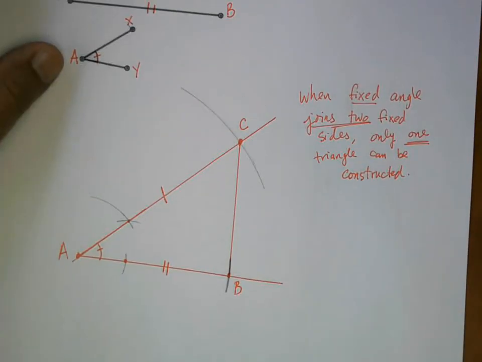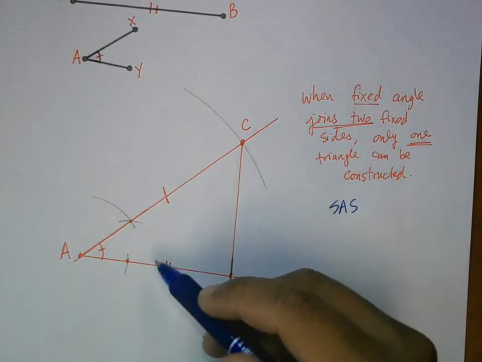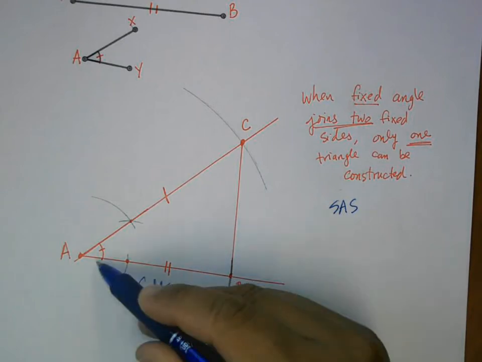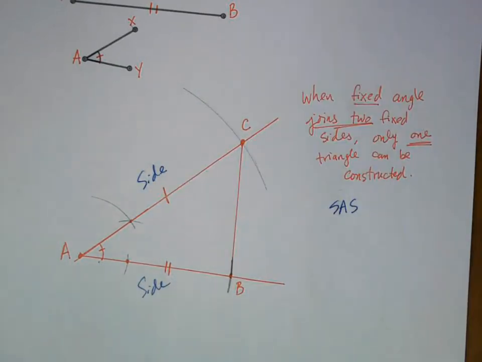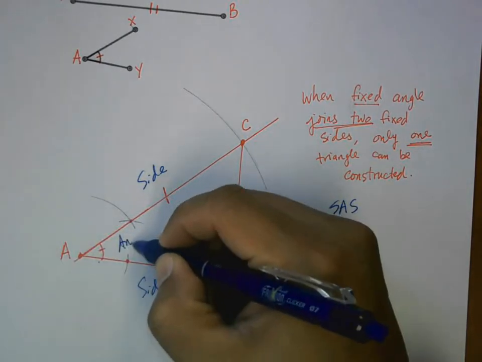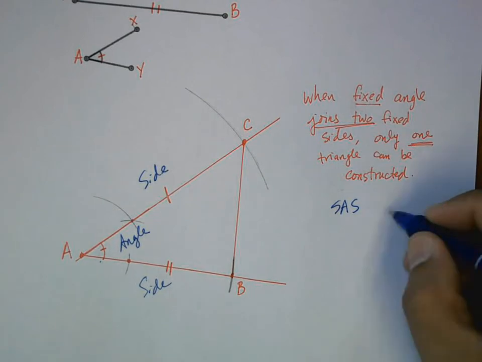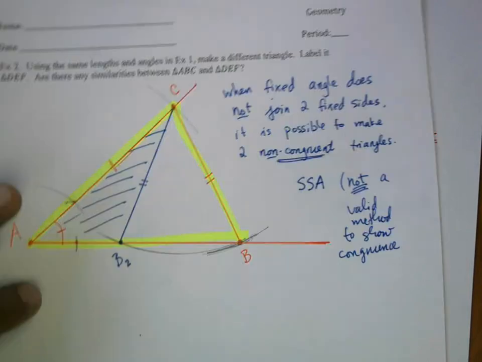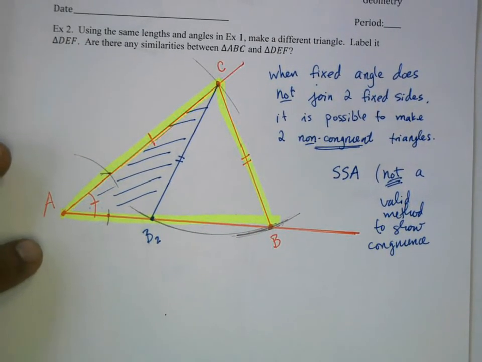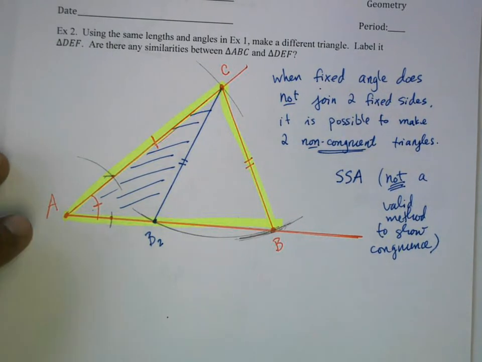When the angle joins the two sides, this is called side angle side, because you have a side right here, an angle right here, and then another side. When the angle joins the two sides, this is a valid method for showing congruence. So this is actually a postulate. And side side angle is a very common mistake that people make, and it actually is not valid at all.